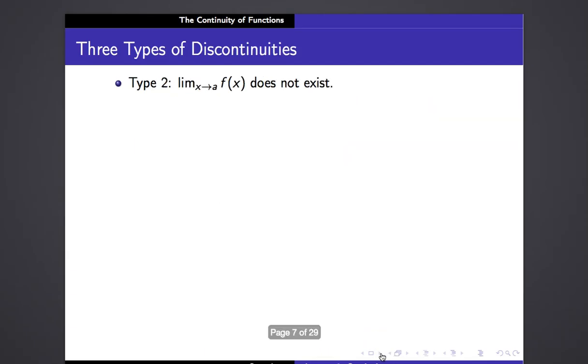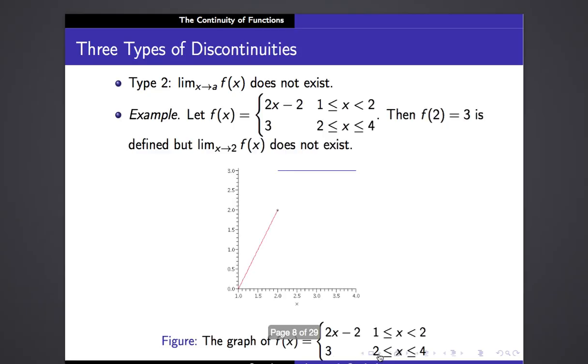And so in this case, again, type 2 is the case when the limit of f of x does not exist at x equals a. So here is an example. Let f of x be a branch function.